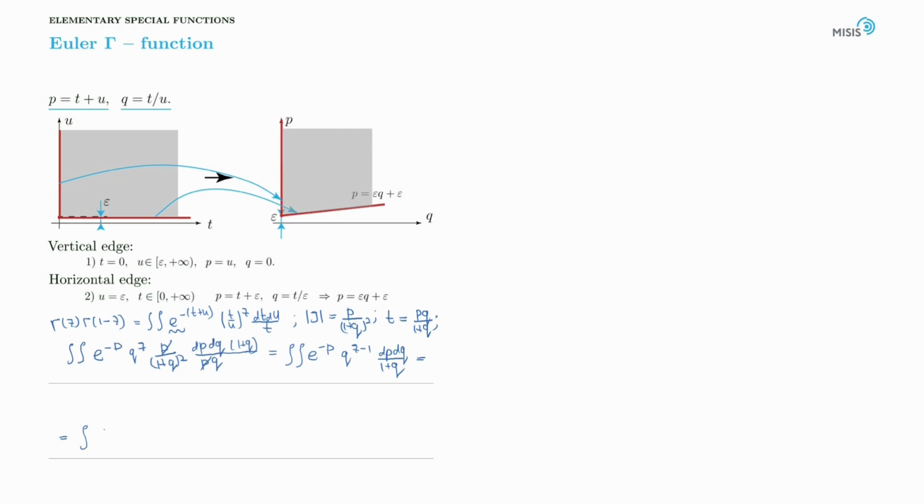The first part is only q dependent, and the second part is p dependent. And this p dependence is trivial, so this integral is simply 1, the second one. So we are left with just a simple classical one-dimensional integral.